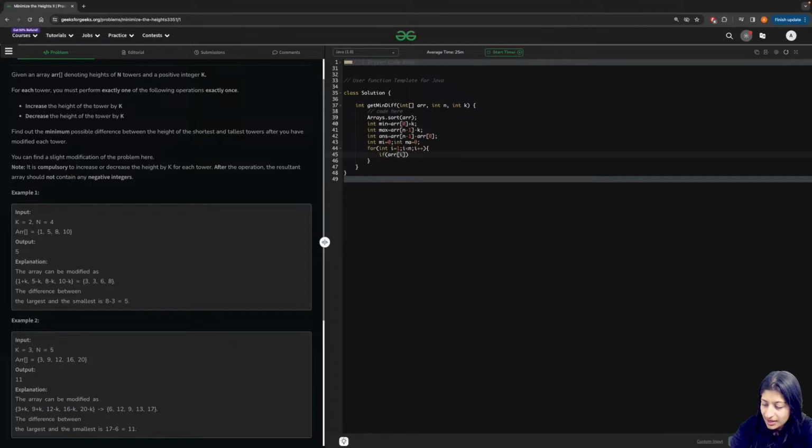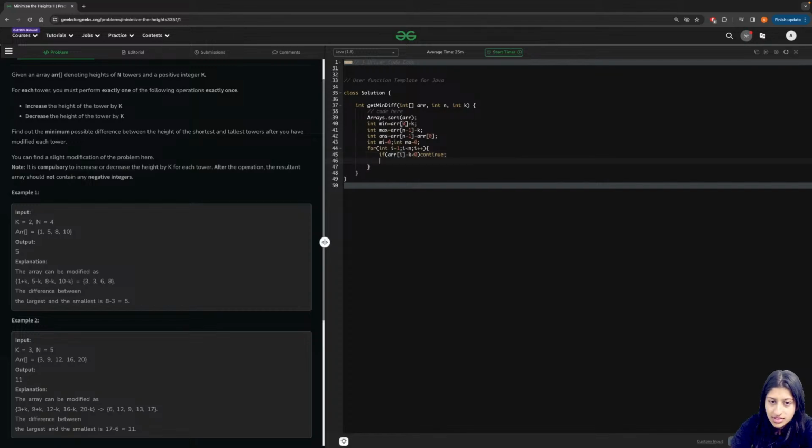If I'm keeping a check here, if in any case the tower that I'm operating on, ARR of I, when I reduce it by K units, if this value goes negative, continue. Okay, don't evaluate it further, just continue.